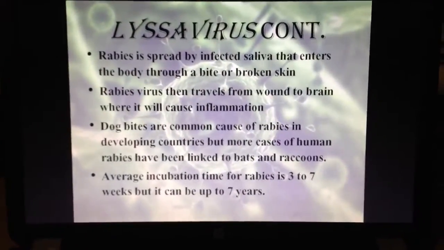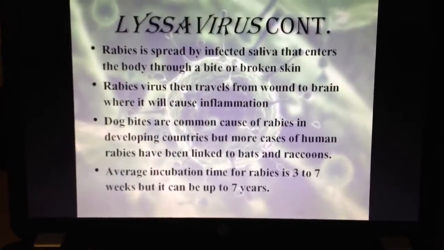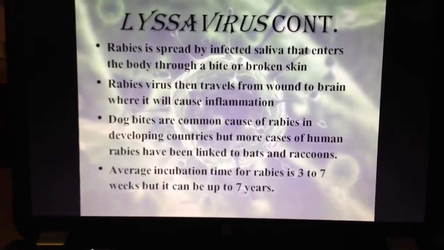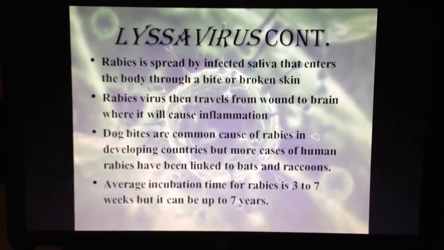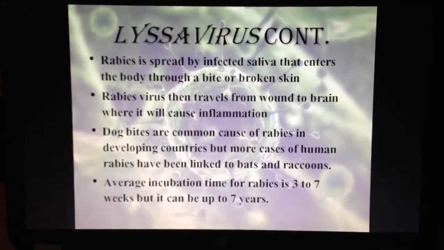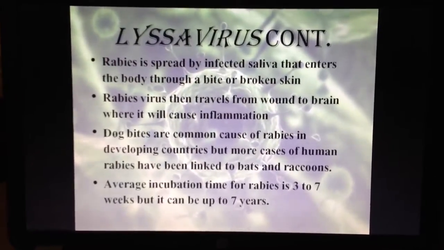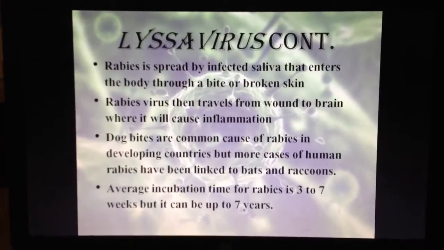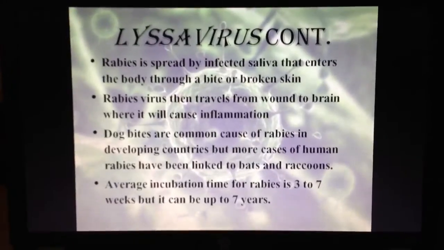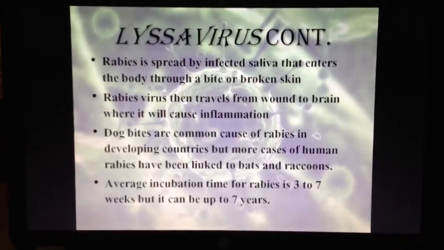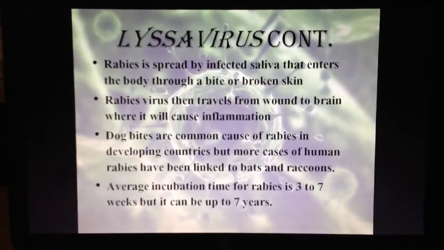Rabies is spread by infected saliva that enters the body through a bite or broken skin. Rabies virus then travels from the wound to the brain, where it will cause inflammation. Dog bites are a common cause of rabies in developing countries, but more cases of human rabies have been linked to bats and raccoons.